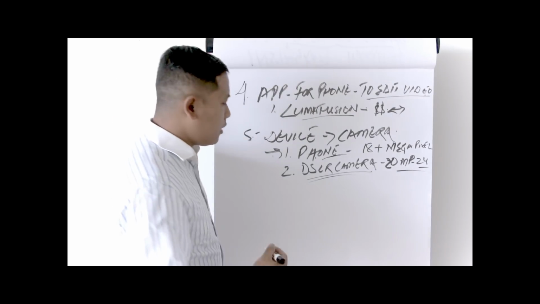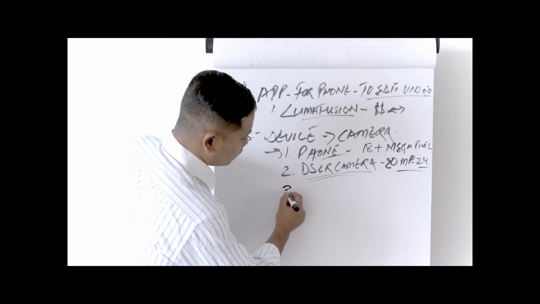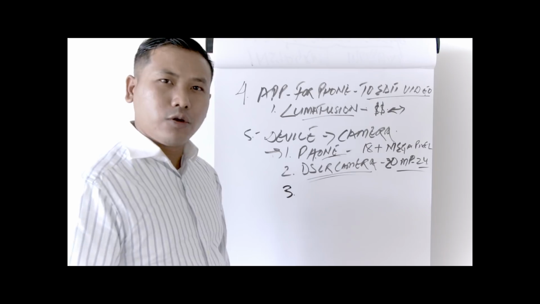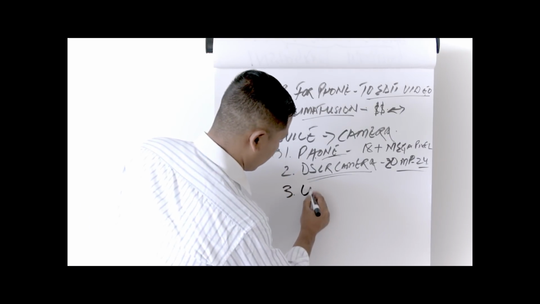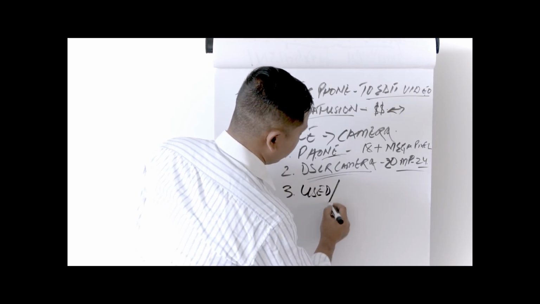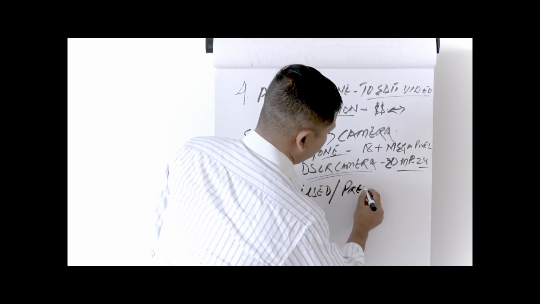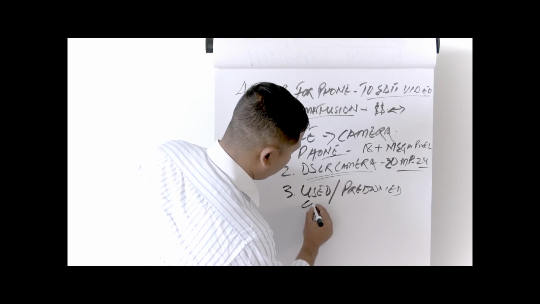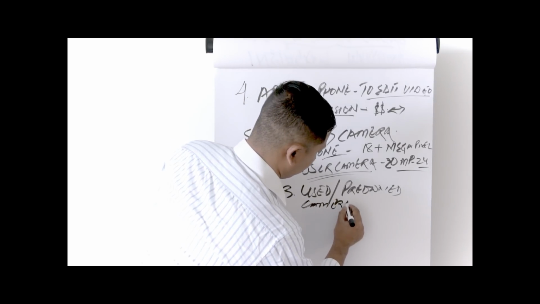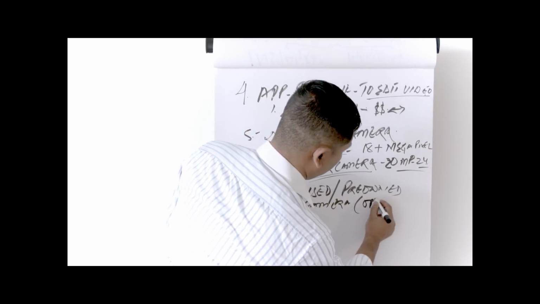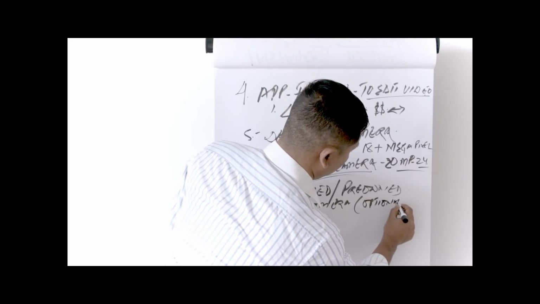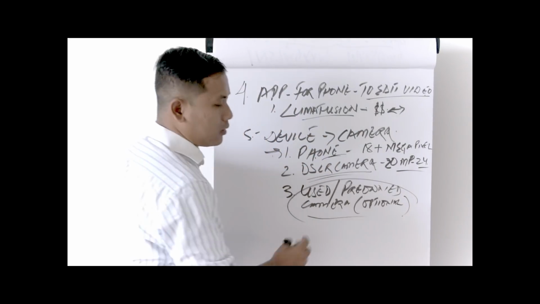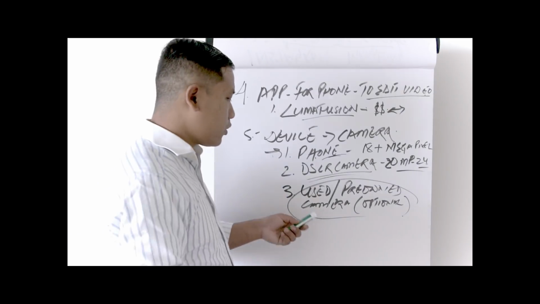So on eBay, my suggestion would be used or pre-owned. Pre-owned camera. So this is optional. How long do you have to use it?